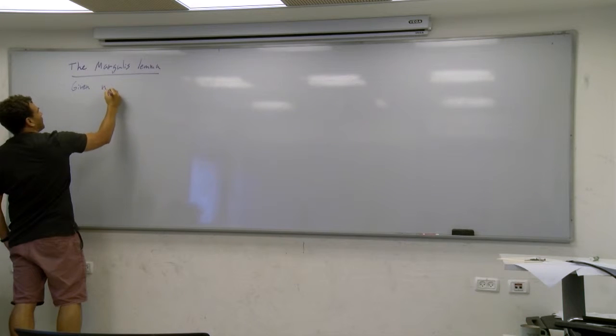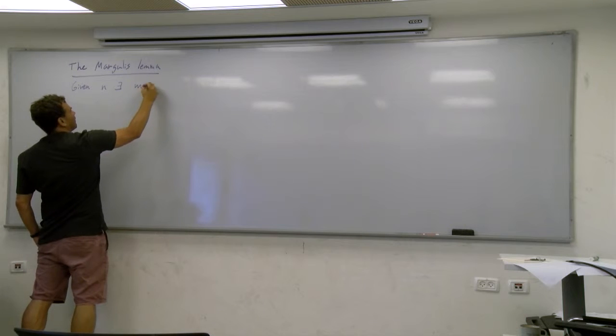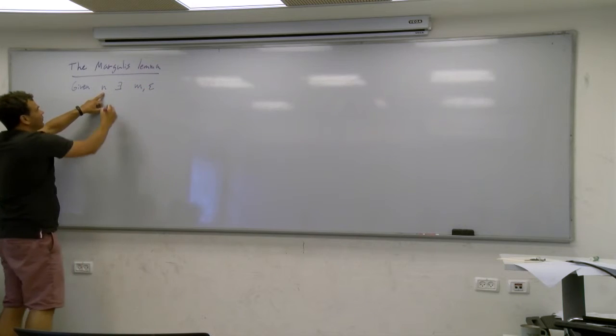given n, there are m and epsilon, where n is the dimension.